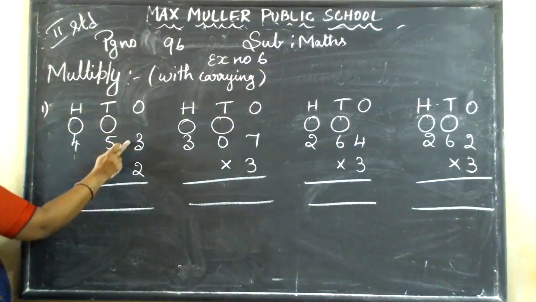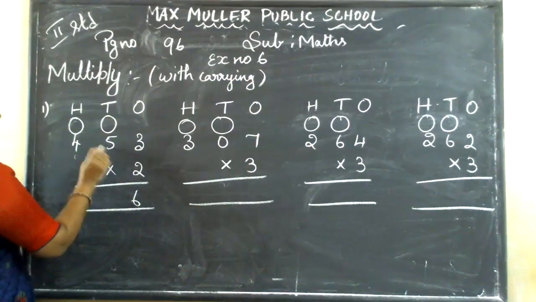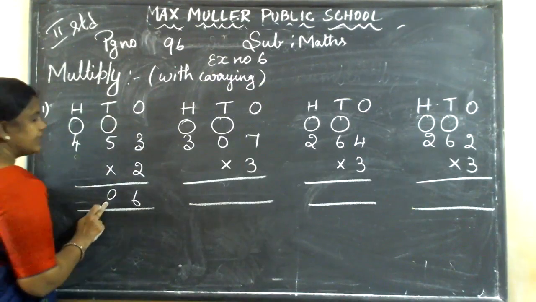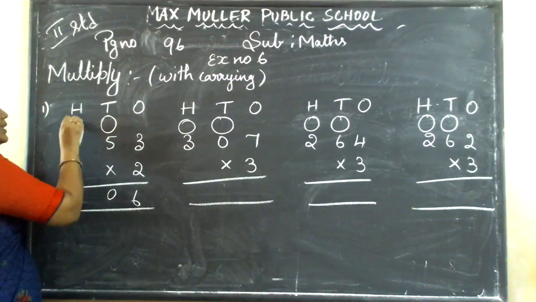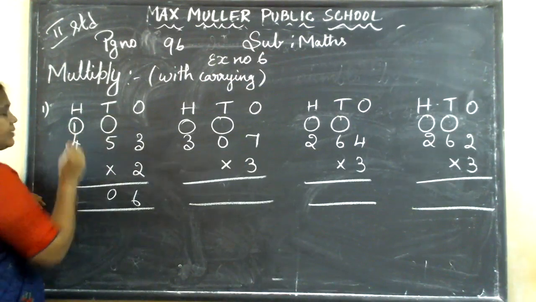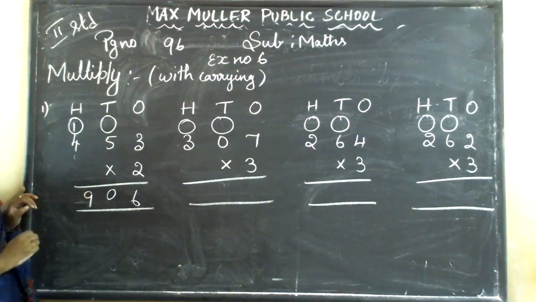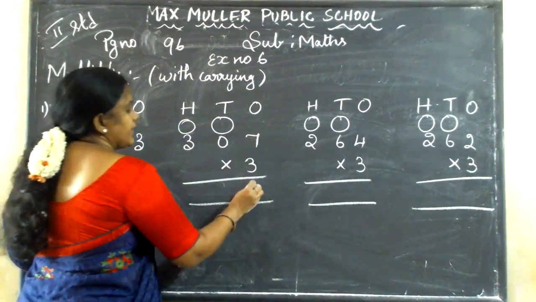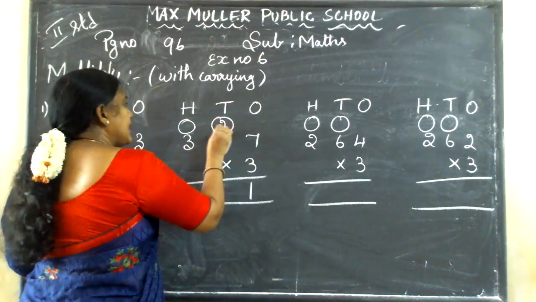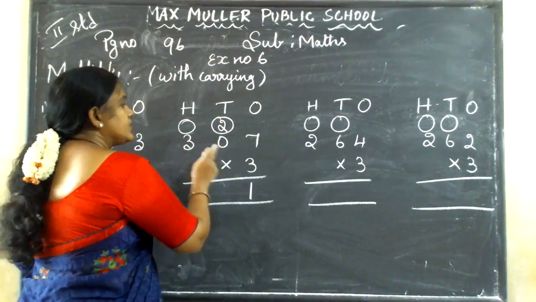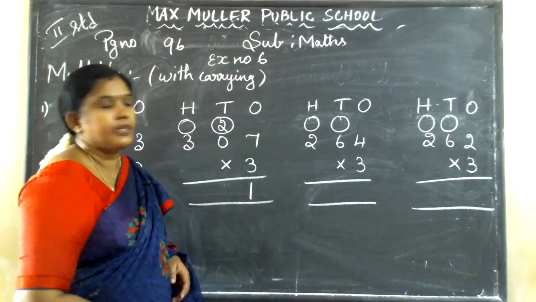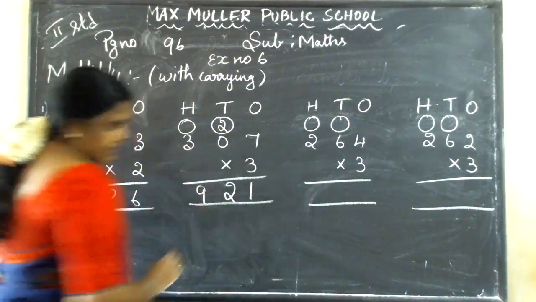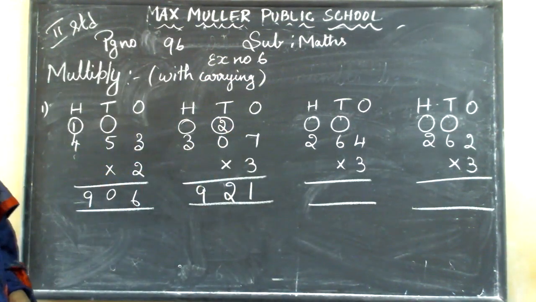That's it. 2 3s are 6. 2 5s are 10. 10 is a 2-digit number, so 0 you write here, 1 you carry to the hundreds column. 2 4s are 8. 8 plus 1, 9. 906. Now here 3 7s are 21. 1 you write here, 2 carry to tens column. 3 zeros are 0. 0 plus 2, 2. 3 3s are 9. 921.